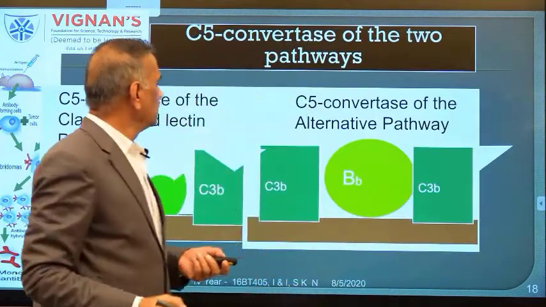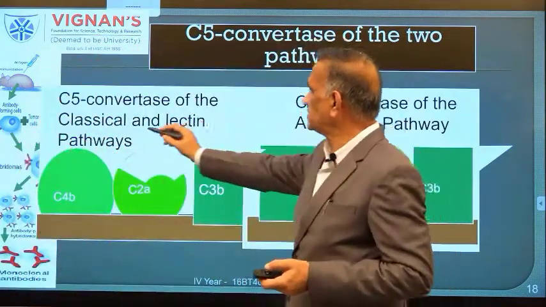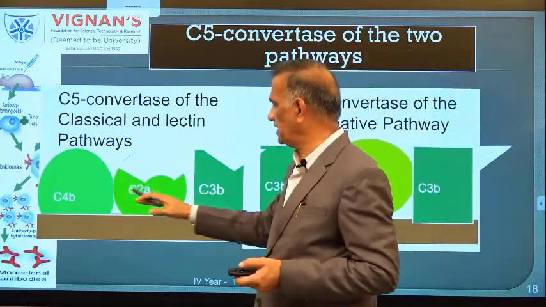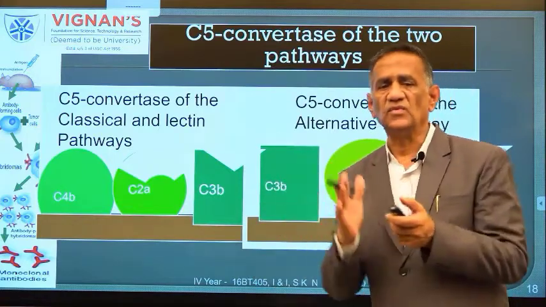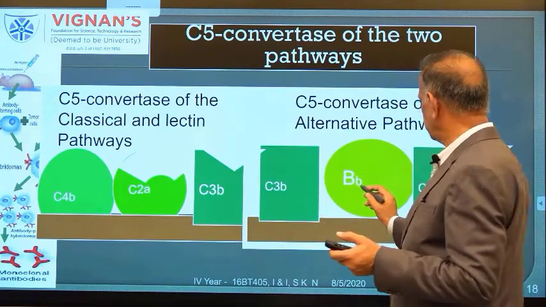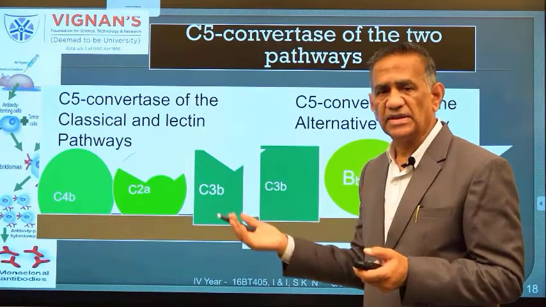Now, this is the comparison between the classical pathway and the alternative pathway. Here it is C4b, C2a, C3b, one combination to convert C5. In the alternative pathway, it is C3b, Bb, with factor B, factor H, and properdin factor.